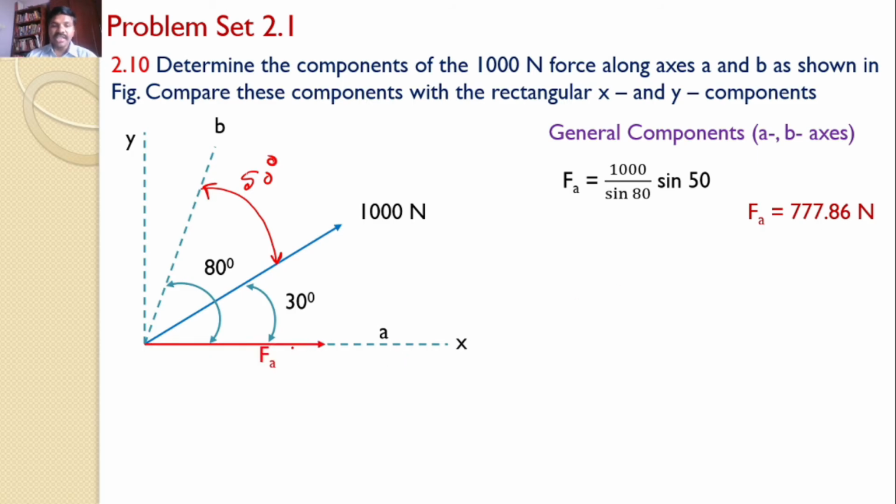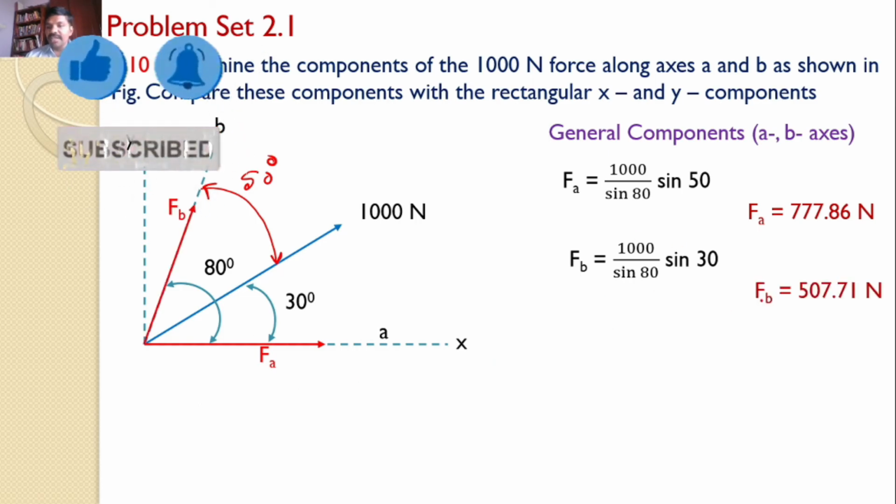So this is the direction of Fa. And what is the direction of Fb? It is of course divergent, so it must come like this, and we would like to calculate the magnitude. According to the formula, Fb is equal to 1000 divided by sine 80 into sine 30.